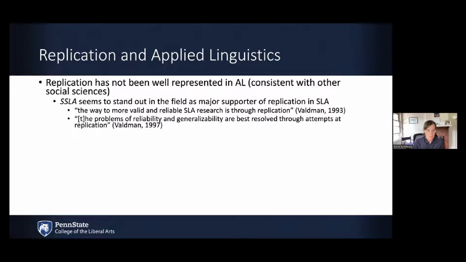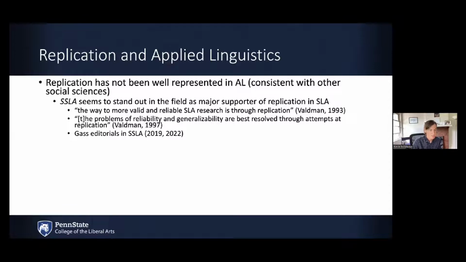And the problems of reliability and generalizability are best resolved through attempts at replication. I mentioned that we see context as being super critical to what we do, right? Which goes back to that generalizability component. Replication is the way that we address that, right?